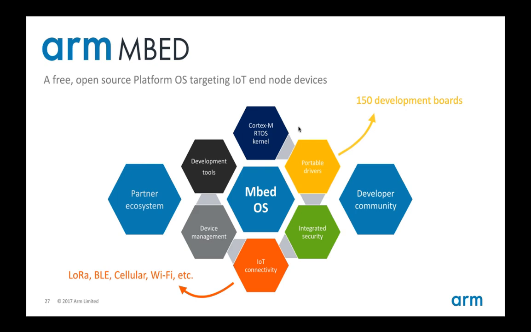So you can take our stack and our hardware abstraction layer and run that on almost every Cortex-M device out there. That makes it really easy to port a LoRaWAN stack onto your device if you're a module maker and you don't want to deal with that, or if you're a device maker and you want to get to market faster, because we've done all the heavy lifting for you already.